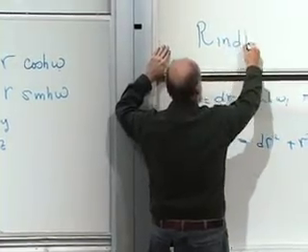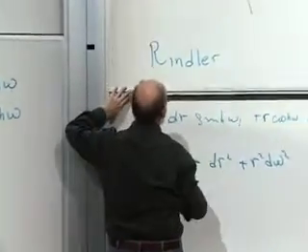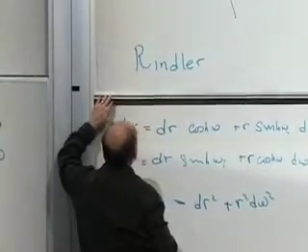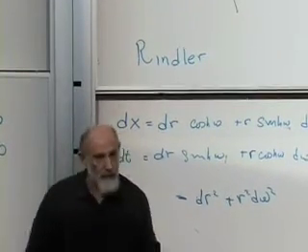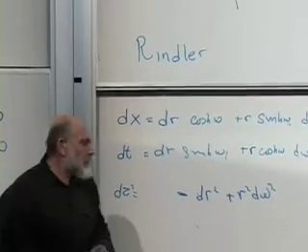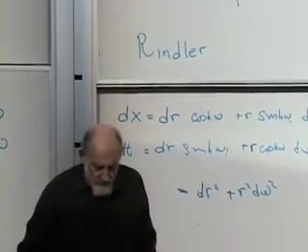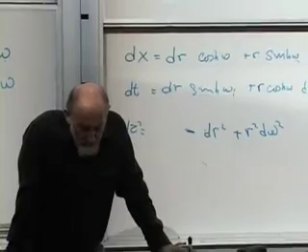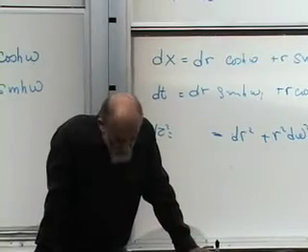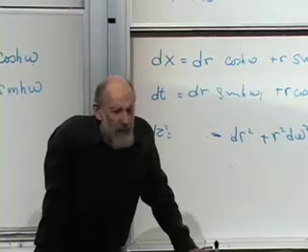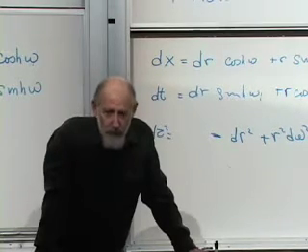I presume Rindler was the first one to, he's certainly not the first one to have studied it, but his name got attached to it. He did something, I'm not sure what, but that's the uniform acceleration coordinate system. And Rindler space has a horizon. That's what makes it interesting.